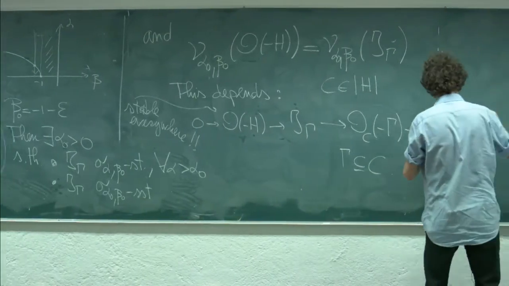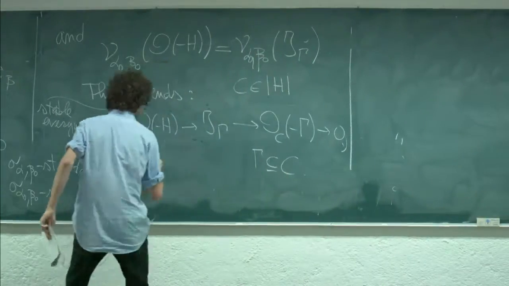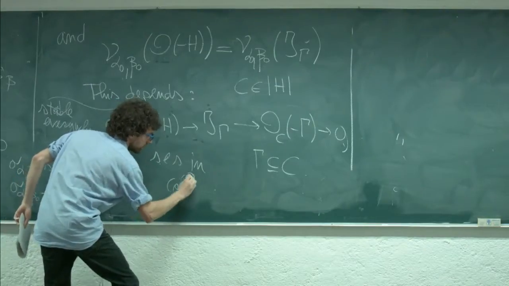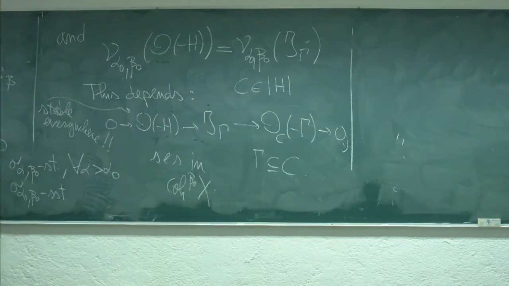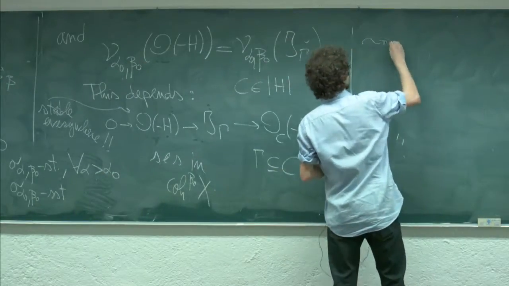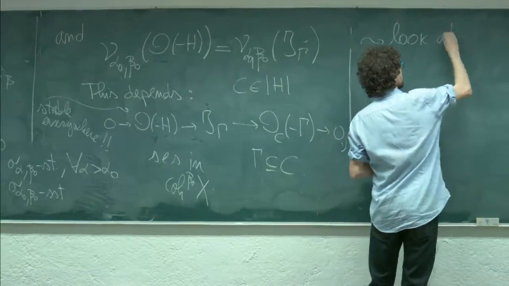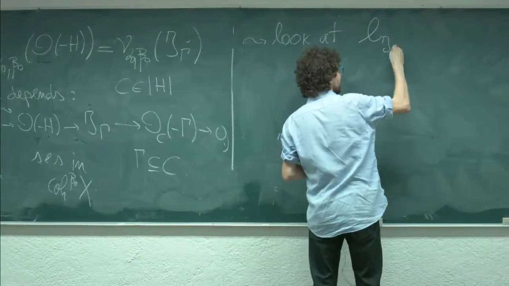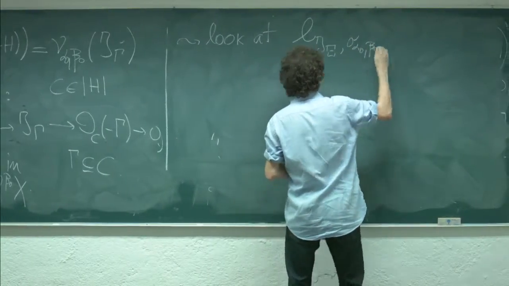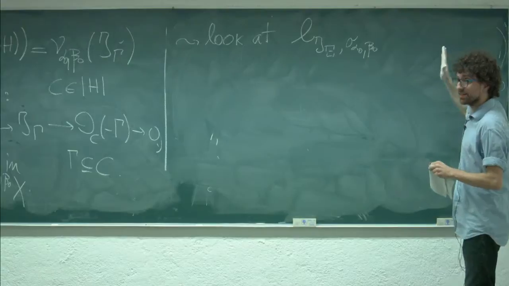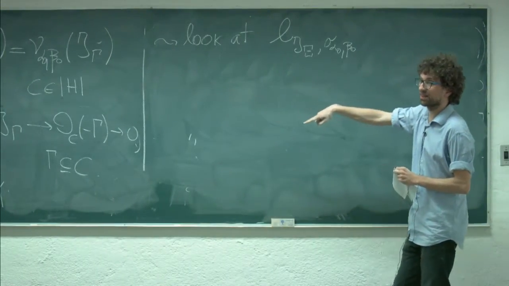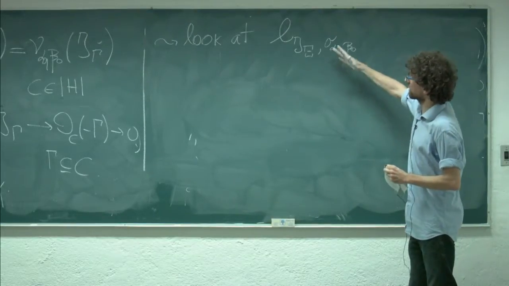This is a short exact sequence in Coh B0 X. And so I'm looking at L, but still the same ideal, sigma alpha 0 beta 0. So this is a family of semi-stable objects now on sigma alpha 0 beta 0. So this is telling you exactly what happens.